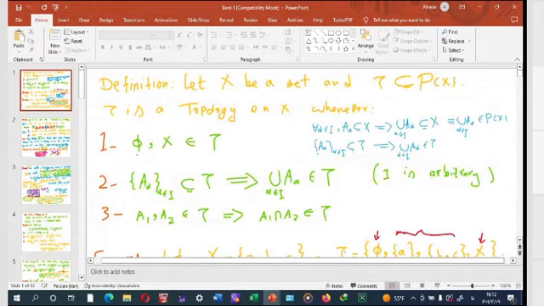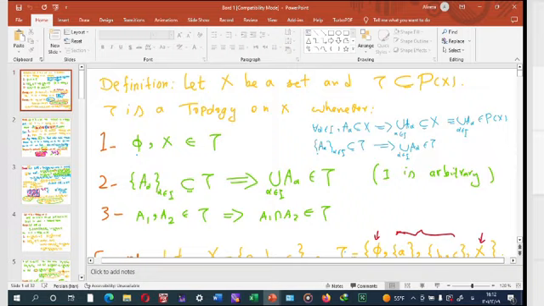Let X be a set and tau be a subset of P of X. P of X is the set of all subsets of X. Then tau is a topology on X whenever we have these three conditions.